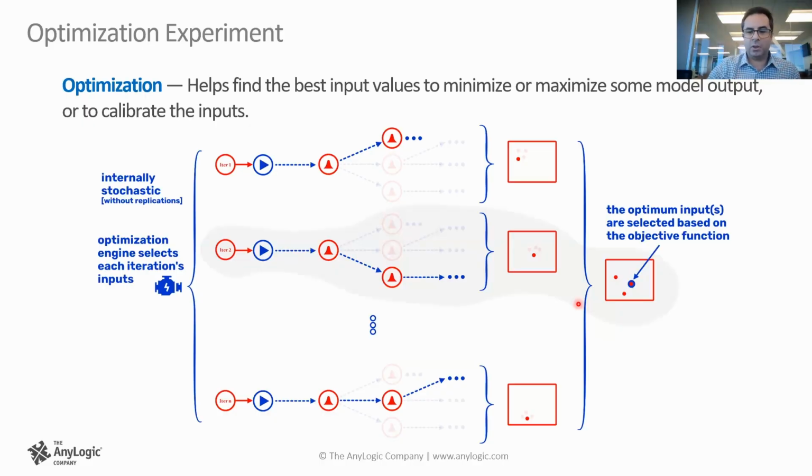But back to what we are doing here, it is similar to some extent to what you saw in the previous experiments, maybe more similar to parameter variation, but with a big difference: in parameter variation, the scenarios are coming from us as the modeler.